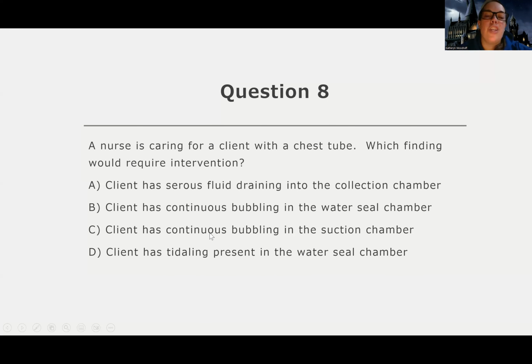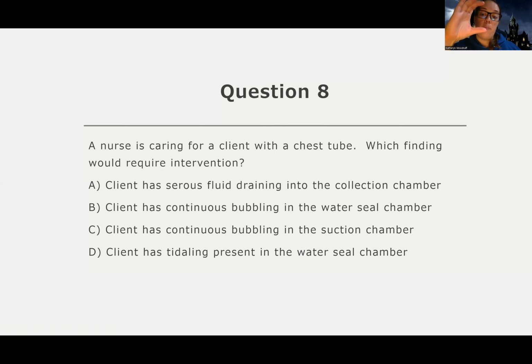And let's say that I just don't remember which one. Then I would have to do my best guess and try to remember which one it is. I always remember the order that it goes in. The collection chamber is all the way to the right, the water seal is in the middle, and the suction's on the left. So you could say SWC or CSW, whatever way you want to think about it or remember it in your head. This would be a good thing to draw on your note card. I always remember, collection chamber, I want fluid in the collection chamber.